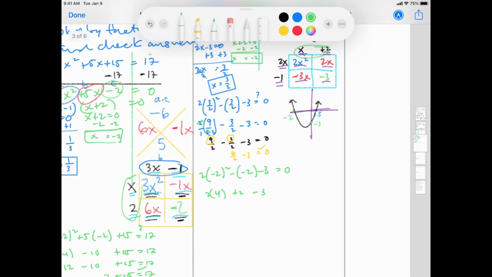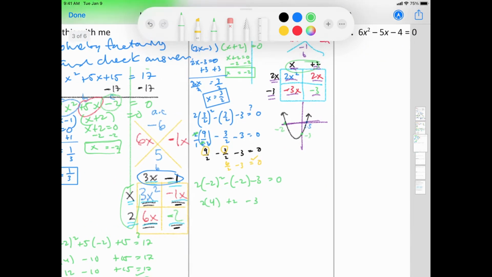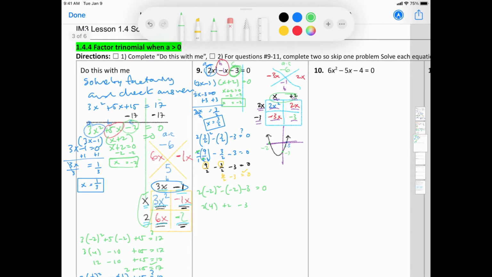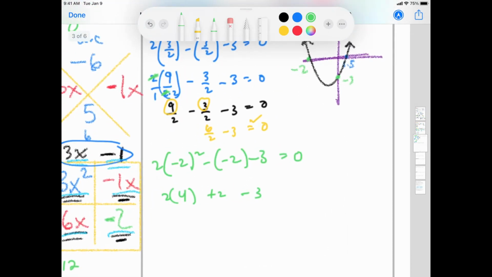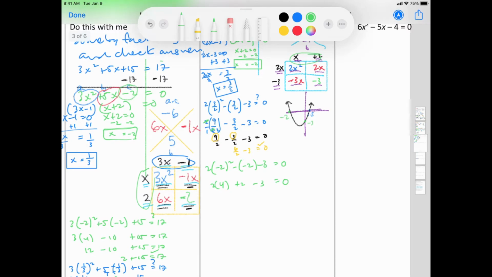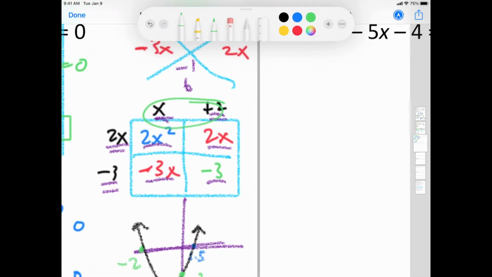I messed up, I can tell. Minus x minus 3. Negative 2. 2 times 4 is 8. That gives me 7. Do you see why I'm saying this is wrong? Oop, I can see it again. It is plus 1.